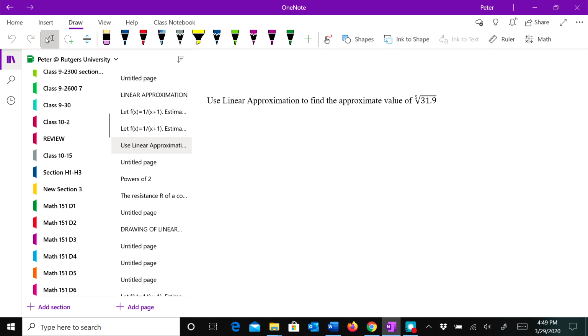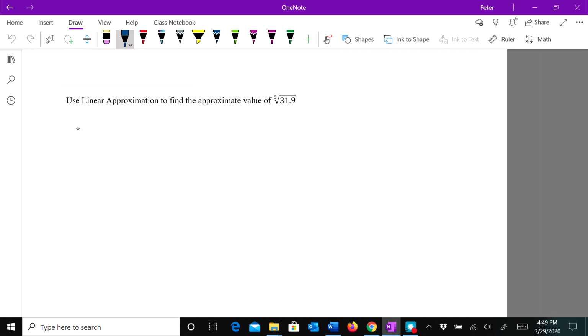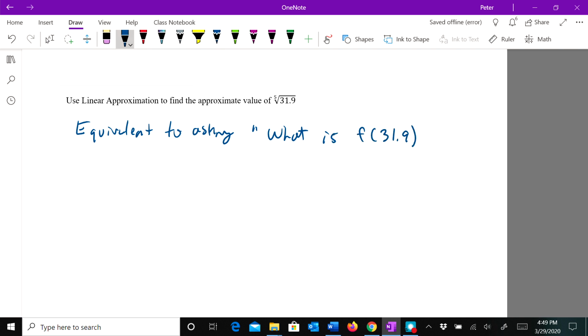So the thing you have to recognize about this question is that what we're asking is equivalent to asking, what is f of 31.9 where f of x equals the fifth root of x, or x to the 1/5.